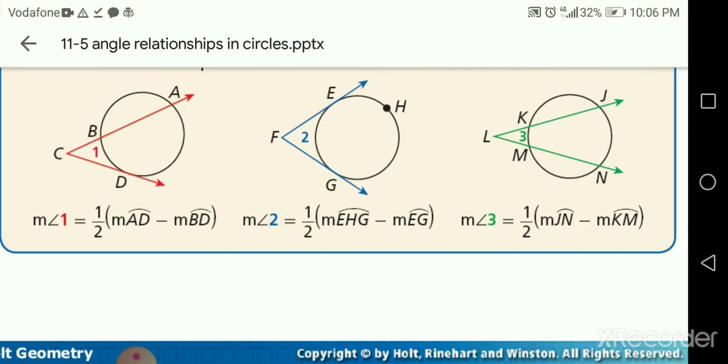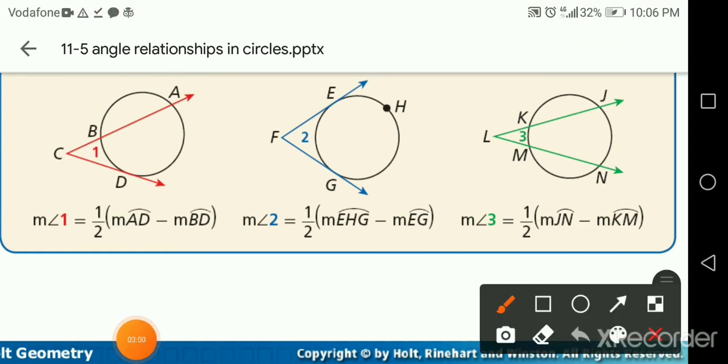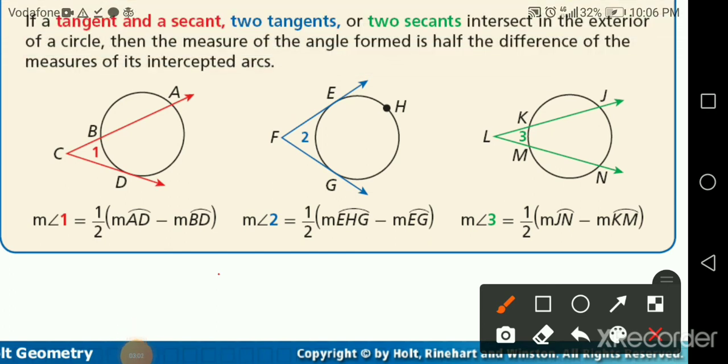So we can have a tangent and a secant in the first one, two tangents in the second one, and two secants in the third one. All these intersect in the exterior of the circle, so the measure of the angle formed is half the difference of the measures of the intercepted arcs.